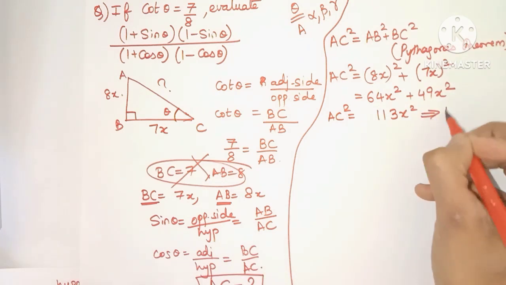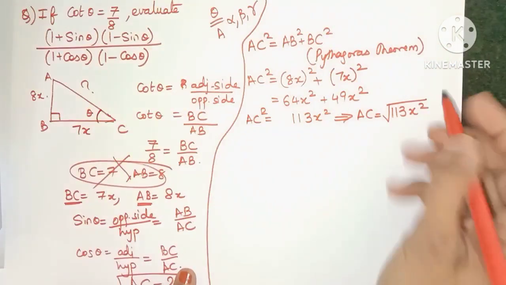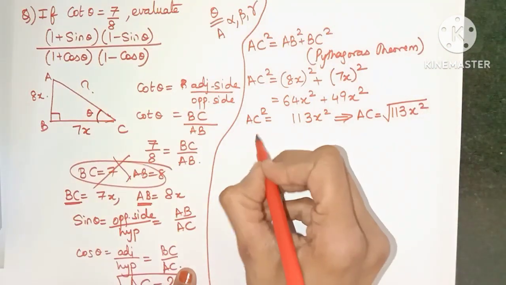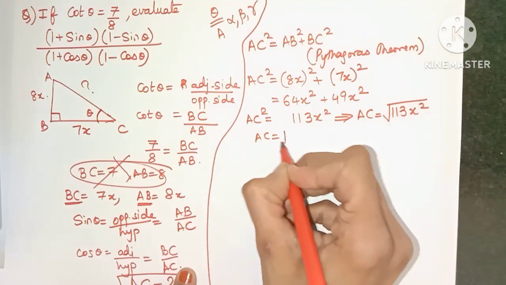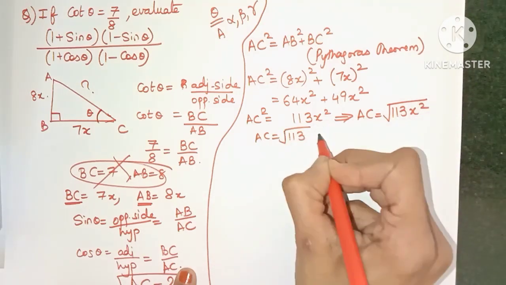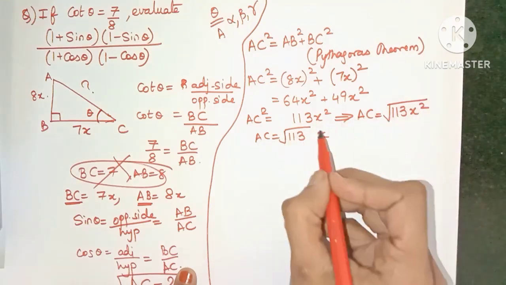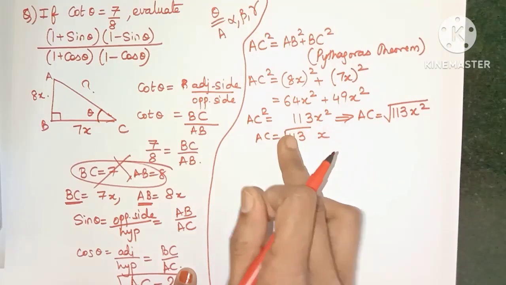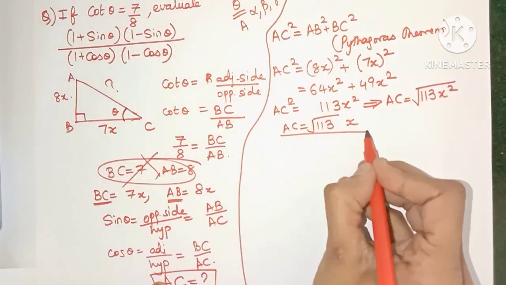So what does this mean? AC is nothing but square root of 113x square. Now, because of the square, the root and the square negate and you will get square root of 113, and x comes outside the square root. Just take care of this fact, friends. The x is not inside the square root, it's outside now. Now we know the hypotenuse.